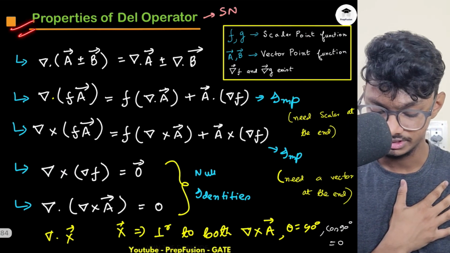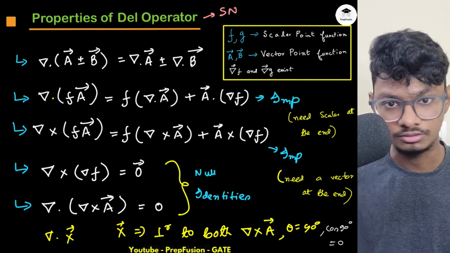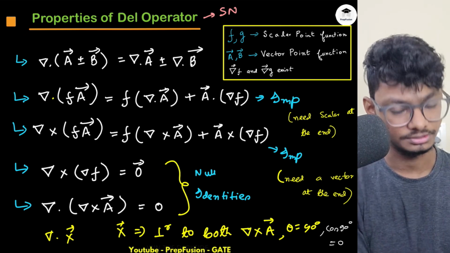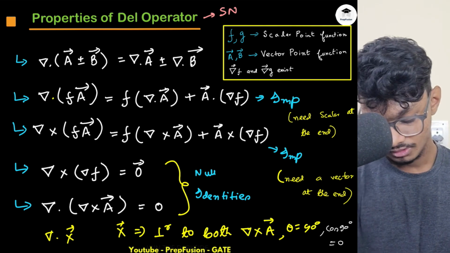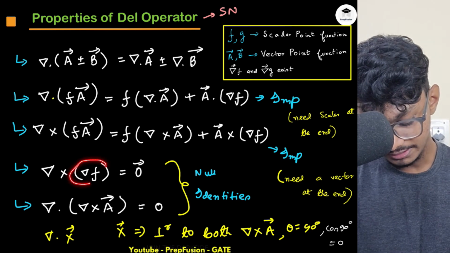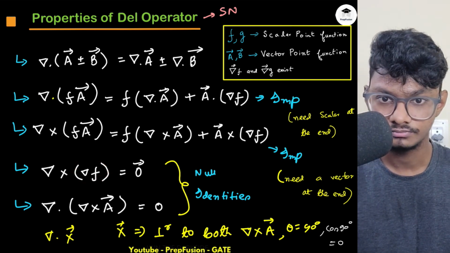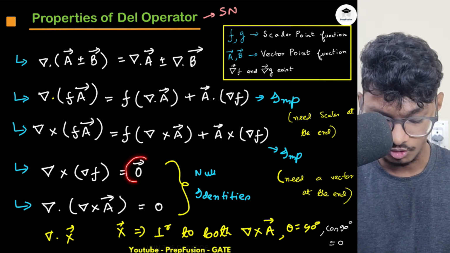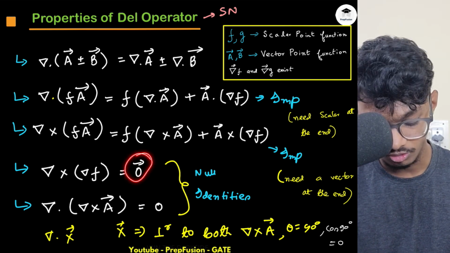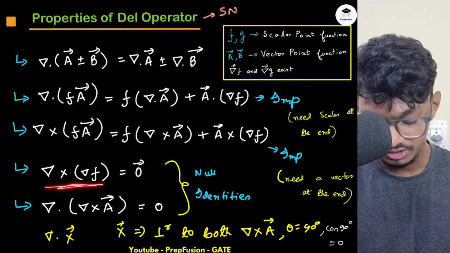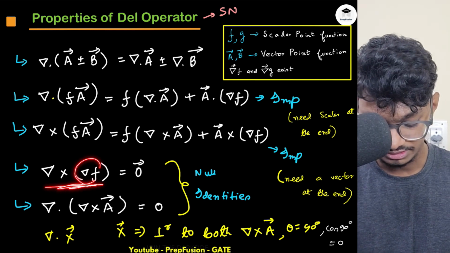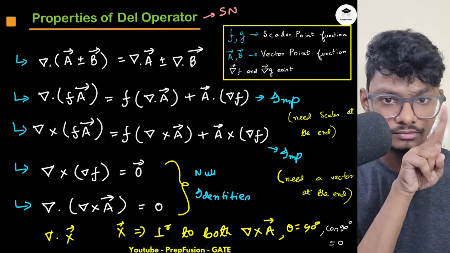The starting point should be this, because I have taught this in my vector calculus chapter, the properties of the del operator. If I take the curl of the gradient of a scalar function, this should always give me a null vector. If it doesn't give me a null vector, then that will never be a gradient of a scalar function.